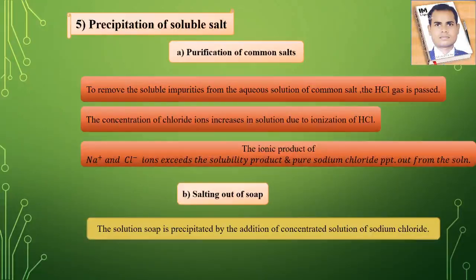The ionic product of the stearate ions and Na plus ions exceeds the solubility product, and therefore the soap precipitates out of the solution. So you get the precipitation of the soap and separate it out from this compound.